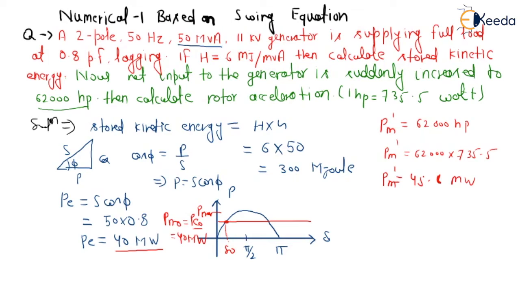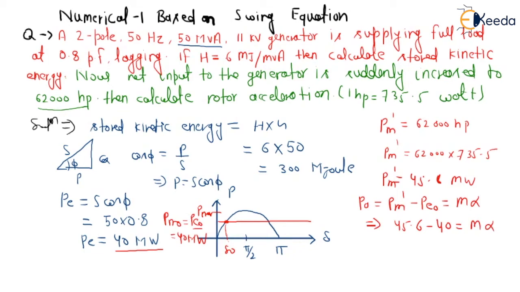Now we have been asked what the rotor acceleration will be. We know that PA is equal to the changed value PM dash minus the initial value PE naught, which is equal to M alpha. So we have PM dash equal to 45.6 minus PE naught equal to 40, is equal to M alpha.